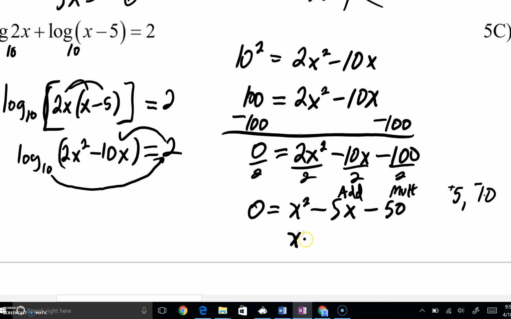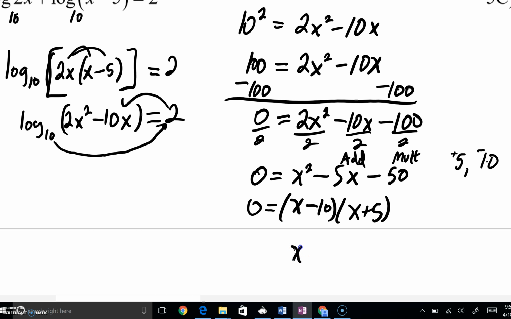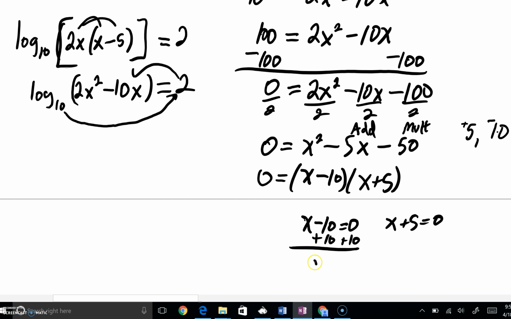So quickly now, we're going to have our answers of x minus 10 and x plus 5. Of course, as we're factoring this, we're going to set each one of these equal to 0. And when we solve, I think you can see pretty fast we've got answers of 10. And we're also going to come over here and have an answer of negative 5.